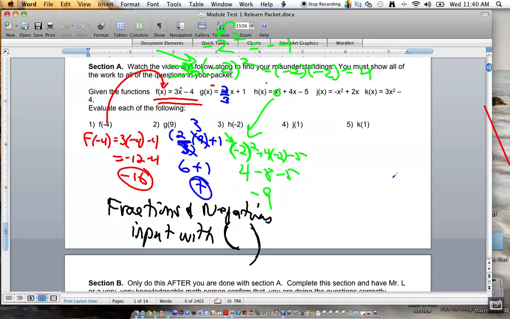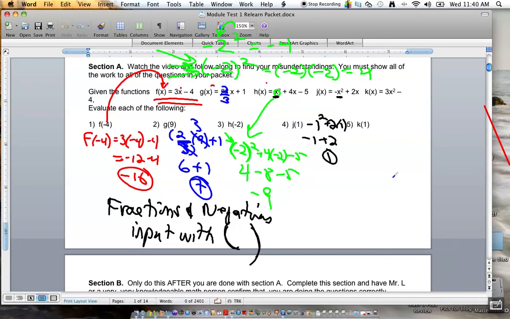Now, j of 1. And notice, when I make a test, I try to expose every deficiency that you have. This was regular x squared, this is negative x squared. So this time in the calculator, it's a positive number, you don't need to put it in parentheses. So you can just type in negative 1 squared plus 2 times 1. 1 squared is 1, negate it, it's negative 1, plus 2 is positive 1.